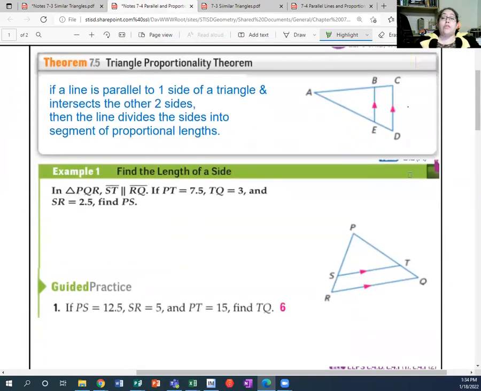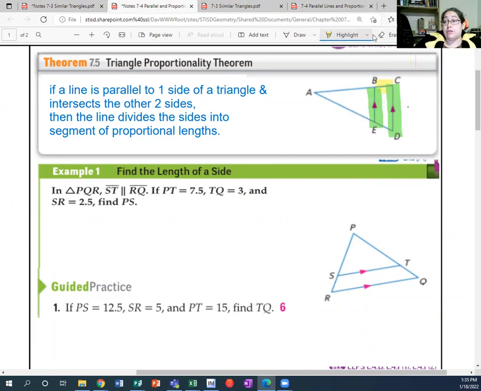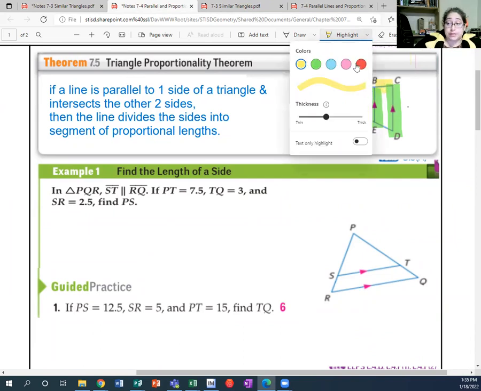Our first theorem is called the triangle proportionality theorem, and what it says is this. If you have a line inside of a triangle parallel to one of the sides of the triangle, and this parallel line is crashing into the other two sides of your triangle, then this parallel line is going to cut these sides of our triangle into proportional pieces.